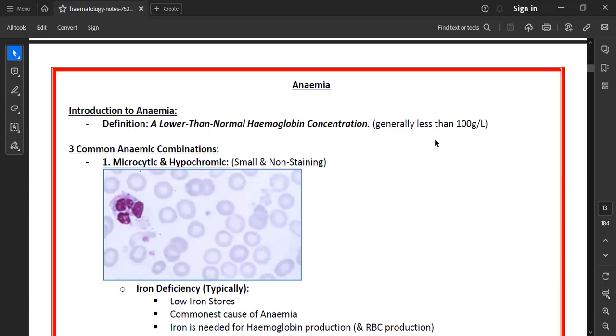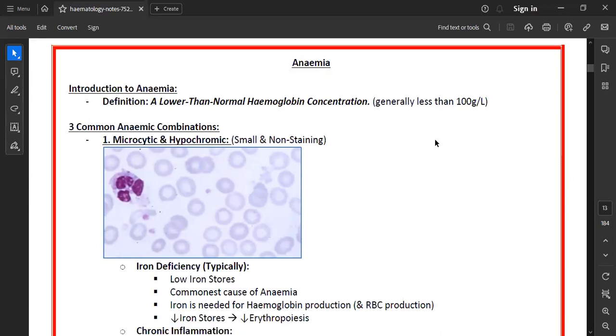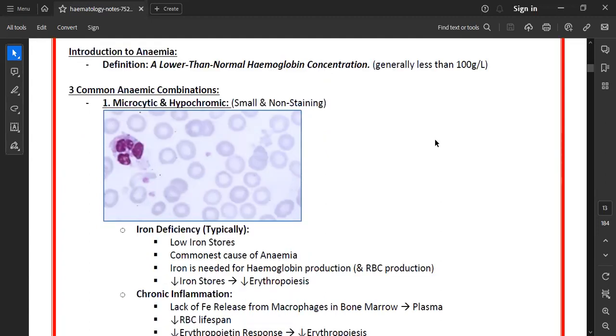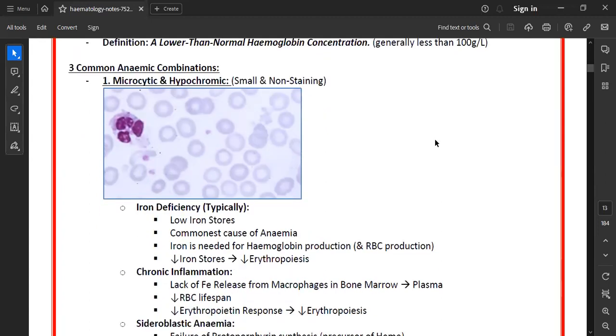And then the pigmentation is the same, hypochromic or hyperchromic. So the microcytic hypochromic types of red blood cells are just small red blood cells that do not have a lot of pigmentation.